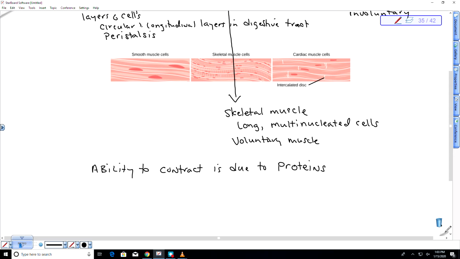What are they called? They have a name that you might have studied before in biology, high school, or elsewhere. They are called actin. Has anybody ever heard that word before? And myosin. So we're going to talk about how these proteins allow for muscle contraction.